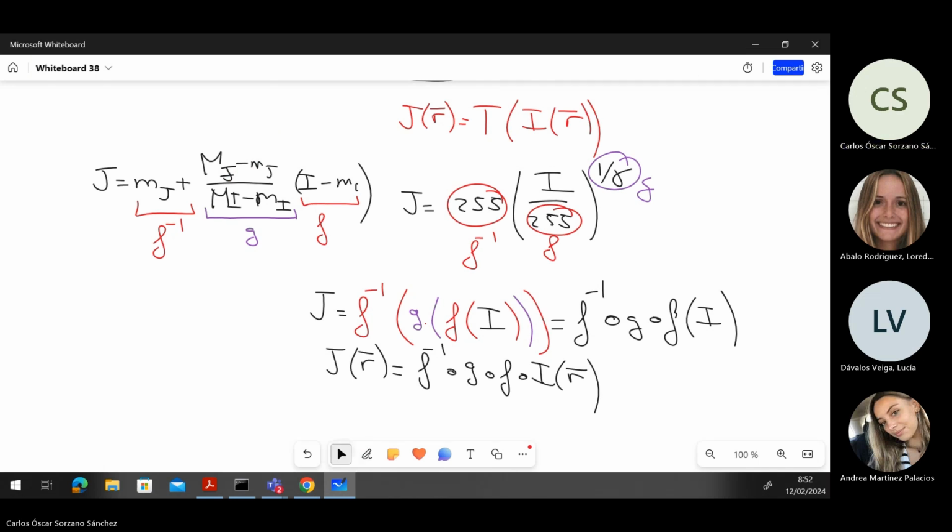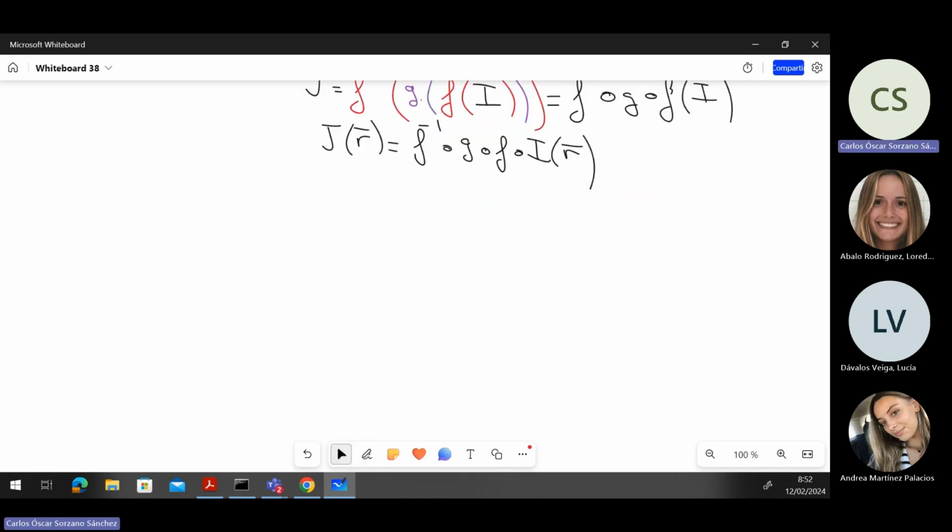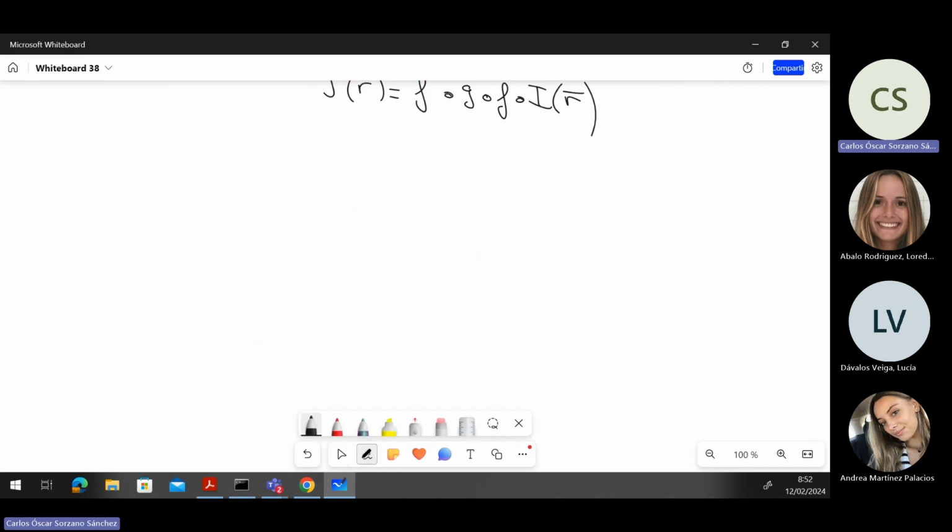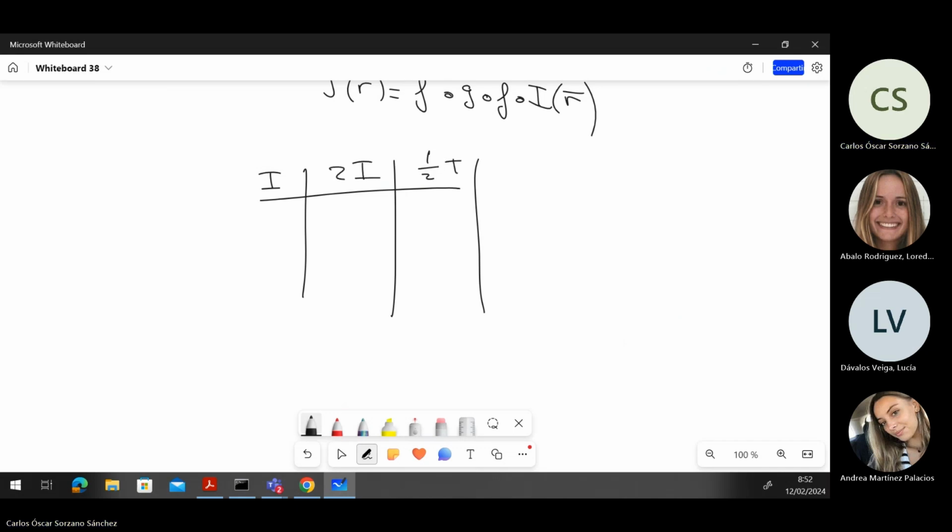So this is related to increasing or decreasing the contrast. So let's take one. Here we will have the image I, here we will have 2i, and here we will have 1/2. We have two transformations there. And we have the values 0, 1.